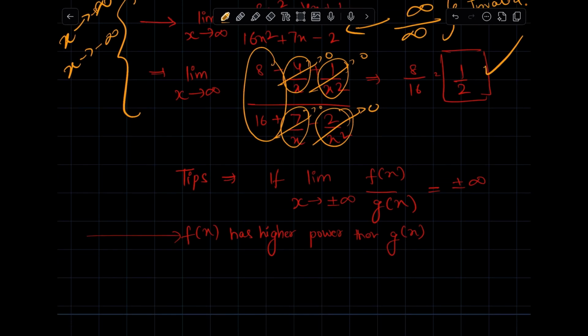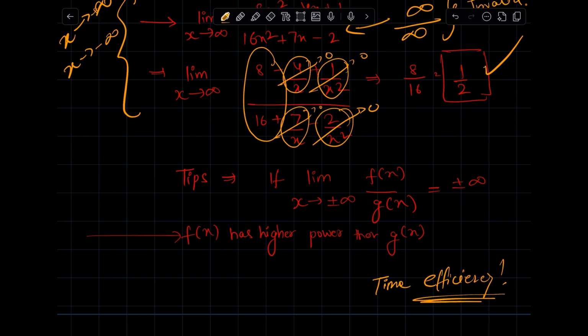Here's a tip to save time. This is only for your time efficiency, and this will definitely help you in multiple-choice questions. If there's a limit as x tends to plus or minus infinity, and you have two functions of x, let's say f of x and g of x.